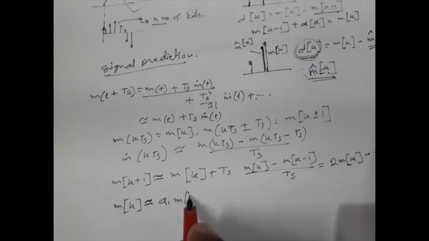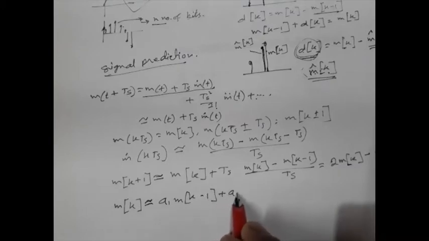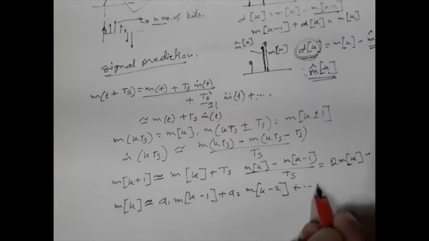So instead of m[k+1], if we want to write it in terms of the current sample as kth sample, so m[k] can be written as approximately, say, a1 m[k-1] plus a2 m[k-2] and so on, an m[k-n].